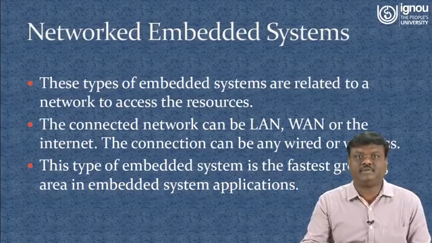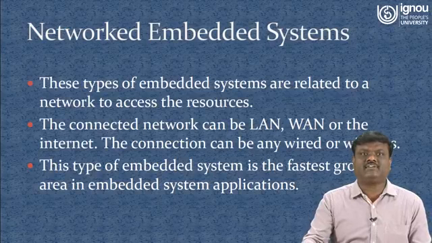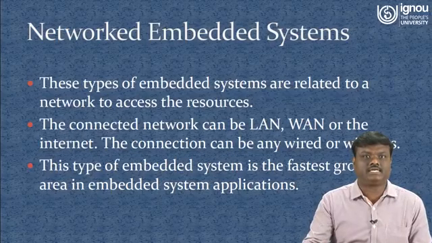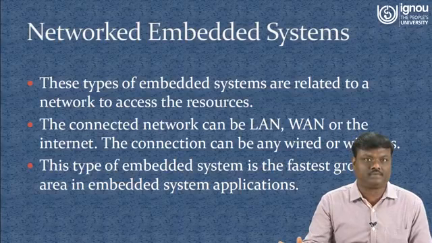The third category is the network embedded systems. These types of embedded systems are connected to a network to access resources. The connection network can be a LAN, WAN or the internet, and the connection can be wired or wireless. Whenever we talk about network embedded systems, the example that immediately strikes us is the wireless router.